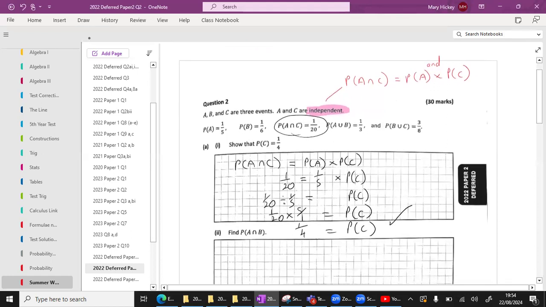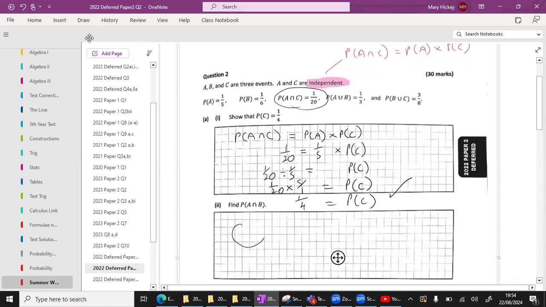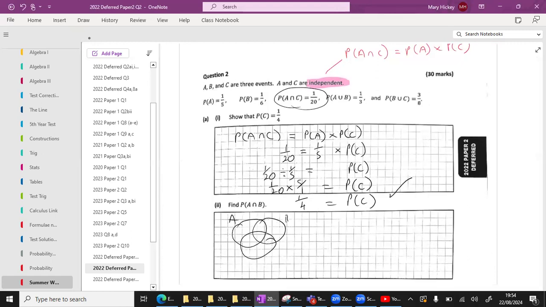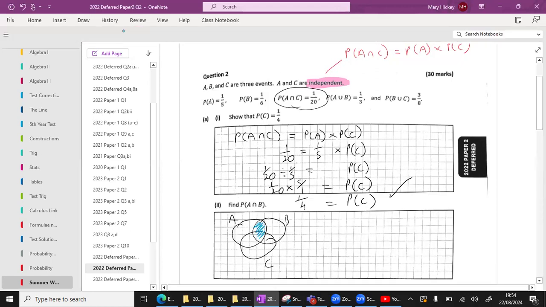Then we're asked to find the probability of A intersection B. If we think about a little graph for a moment, just to get our heads around it, A, B, C. If you're looking for A intersection B, you're looking for essentially that section there. What information have I been given? I know the probability of A is a fifth.